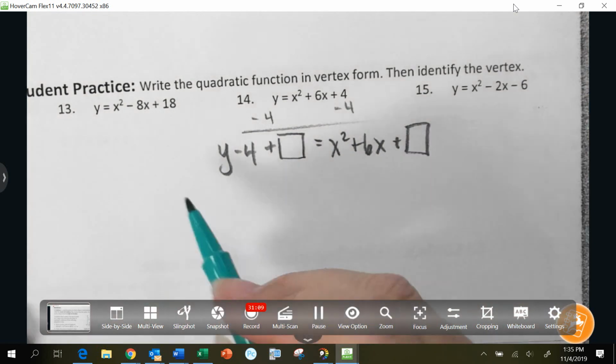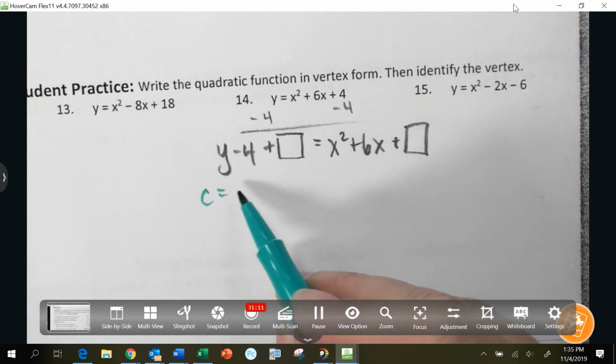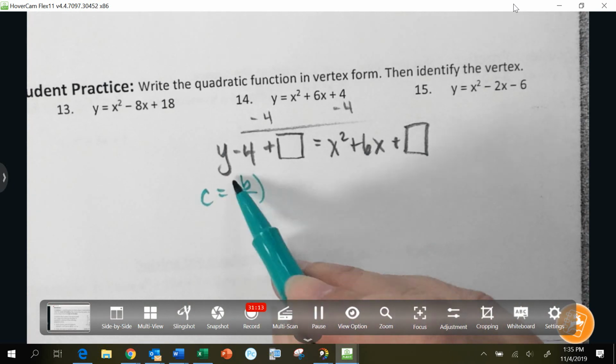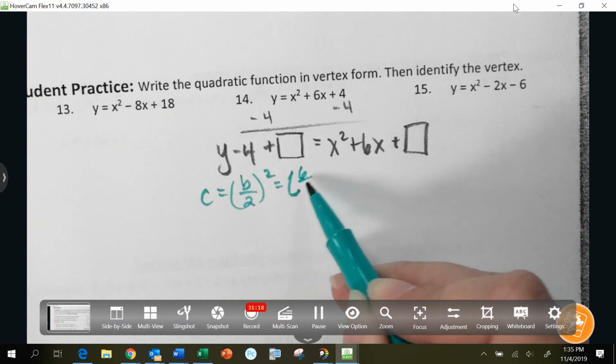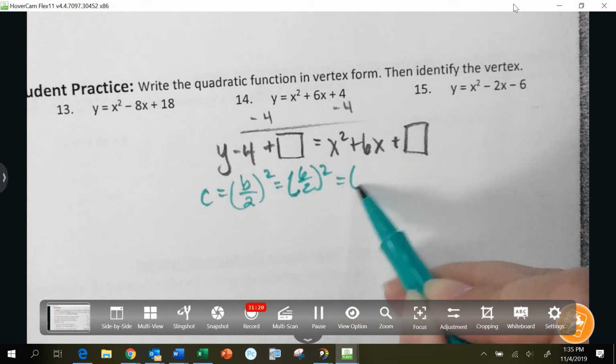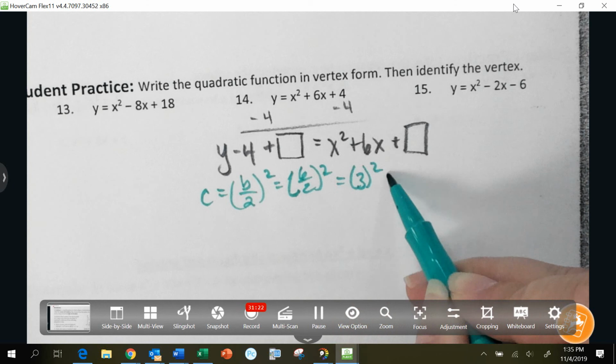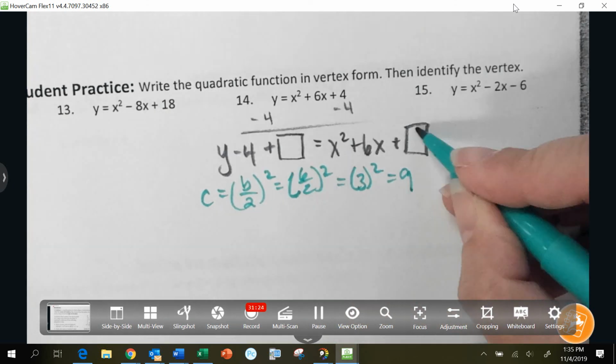What goes in the square is our c value, b divided by 2 squared. 6 divided by 2 squared. 3 squared. 9.